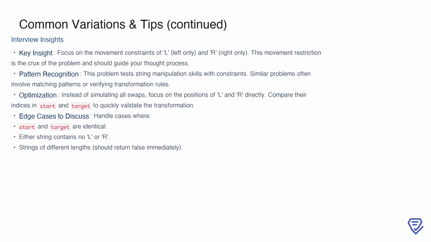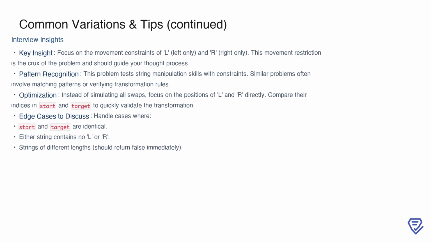When tackling this problem in an interview, focus on the movement constraints of L and R, as these are the core of the challenge. Recognizing these constraints early will help you frame your solution effectively. This problem also tests your ability to manage string manipulations under specific rules, a skill that appears in many similar problems.